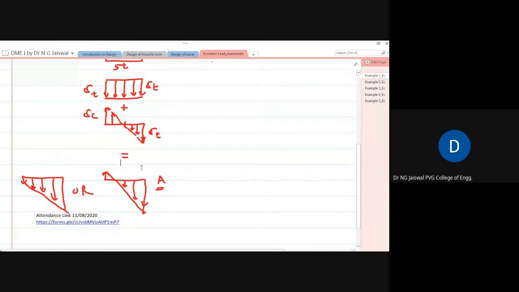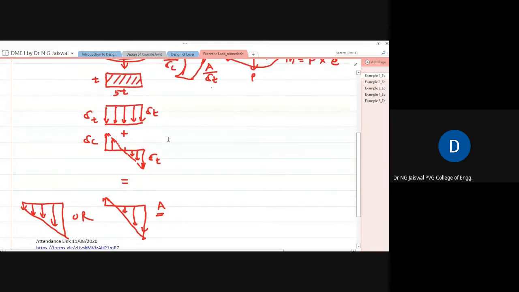So from this figure and the corresponding stress distribution diagrams, we came to know that fiber A is heavily loaded.